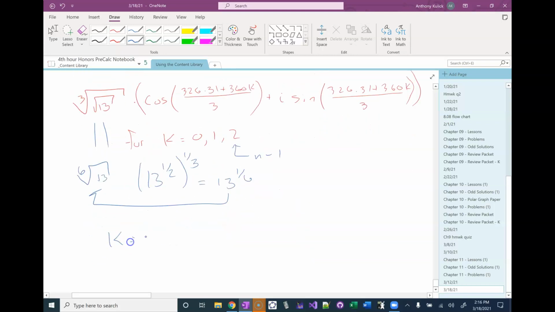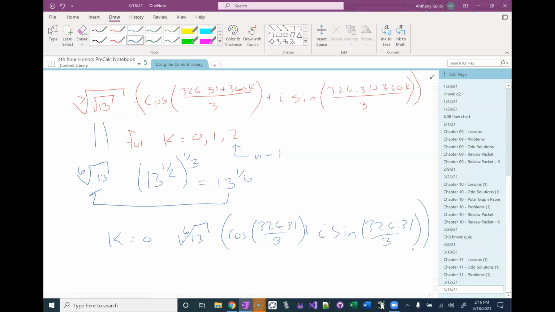So for k equals 0, I have the 6th root of 13 times cosine 326.31 over 3 plus i sine 326.31 over 3. So I'll go to my calculator.